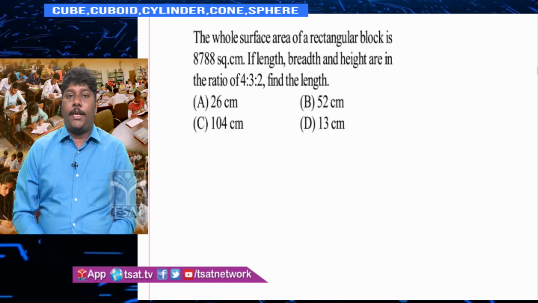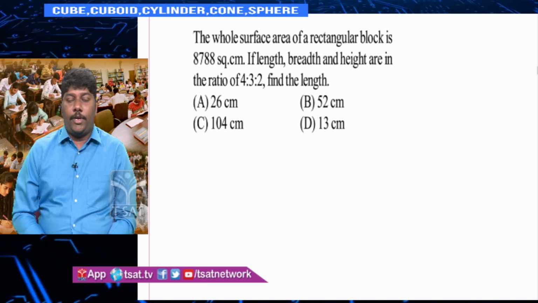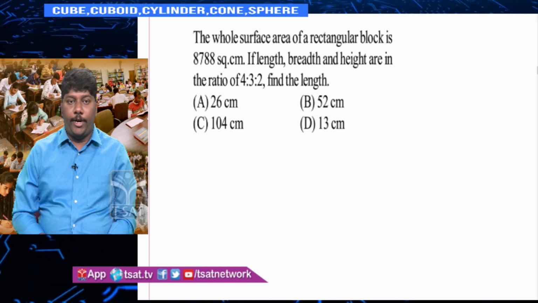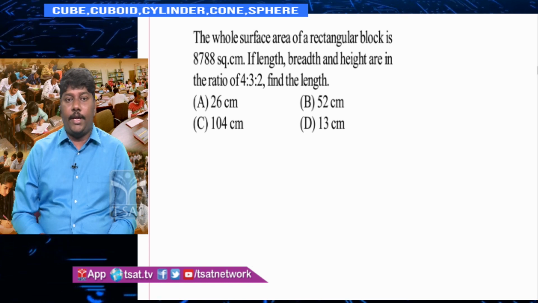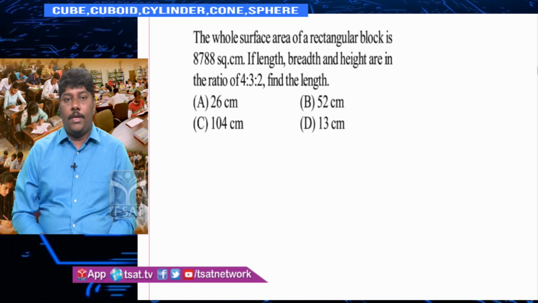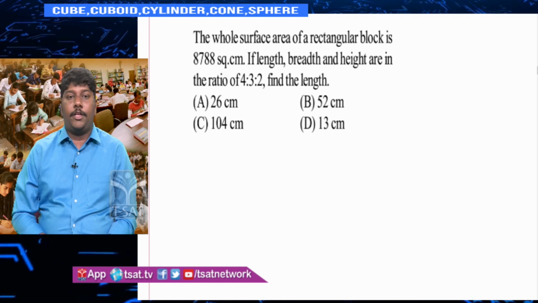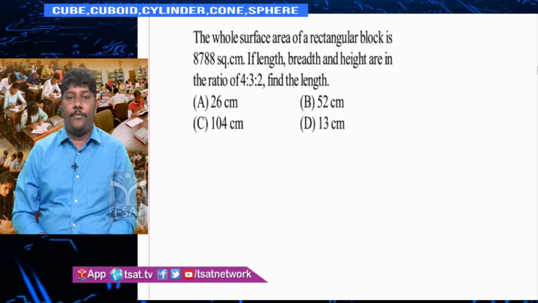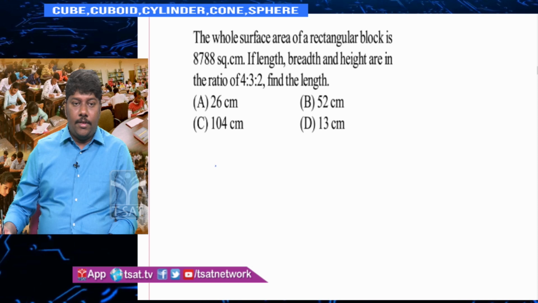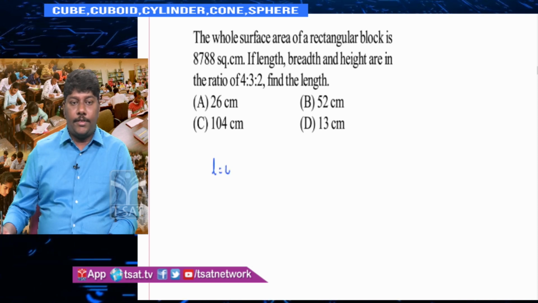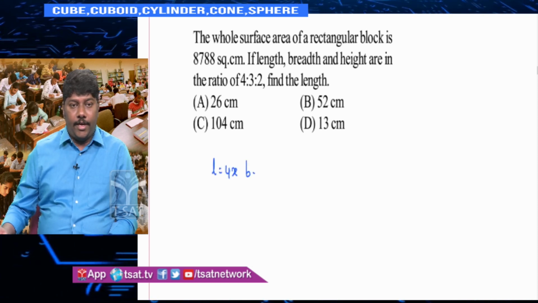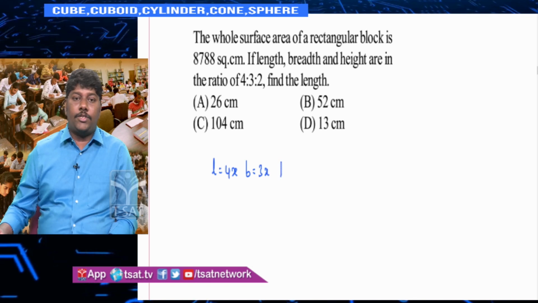Now look at the next one. The whole surface area of a rectangular block, which is nothing but a cuboid, is 8788 centimeter square. If length, breadth and height are in the ratio 4:3:2, find the length. Length is 4x, breadth is 3x, height is 2x.